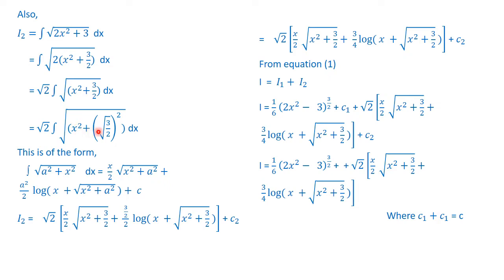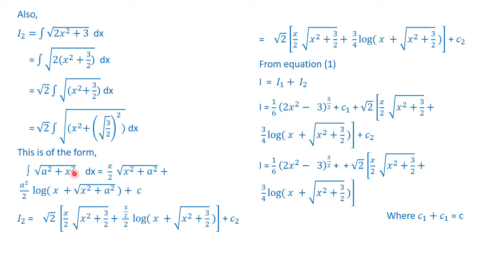This is a standard form, and which standard form? This is of the form integration of under root a square plus x square dx is equal to x by 2 into under root x square plus a square, plus a square by 2 into log of x plus under root x square plus a square, plus c, isn't it?